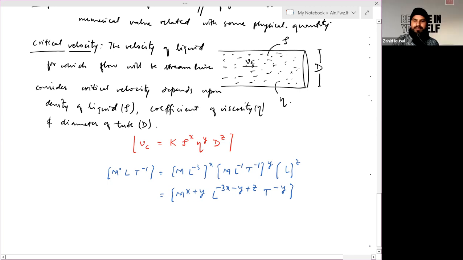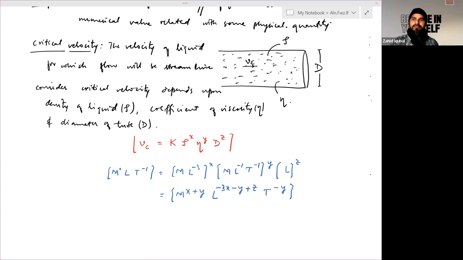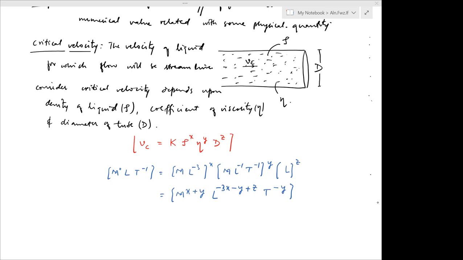Try to find the value of z again. Rest is correct. Okay, sir. Sir, 4. Solve again.